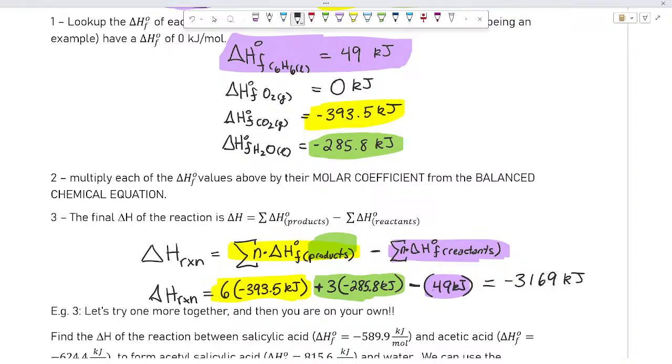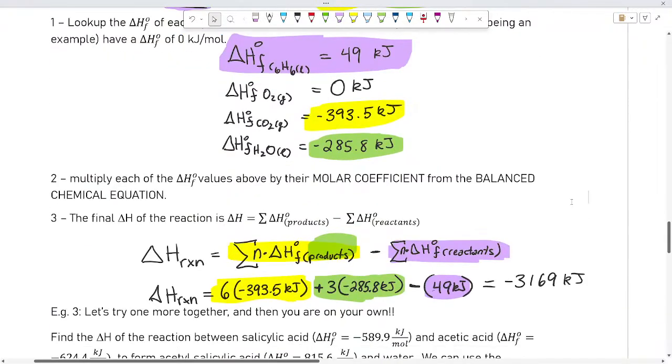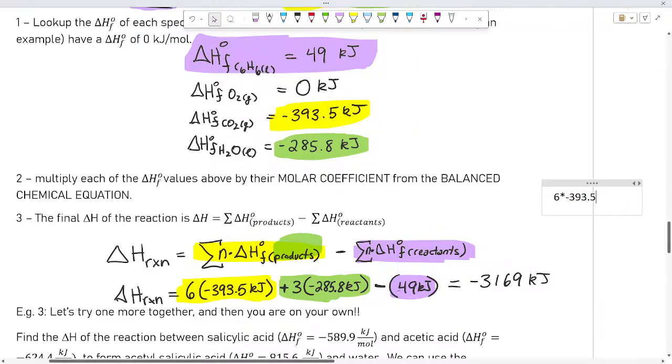All right, let's try it together. Somebody has made an error. I assume it was me. So let's do it together. How many carbon dioxides did we have again? 6. And what was its number? Negative 393.5? Yep.